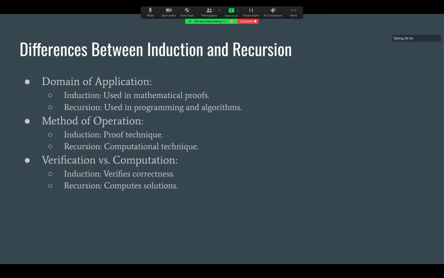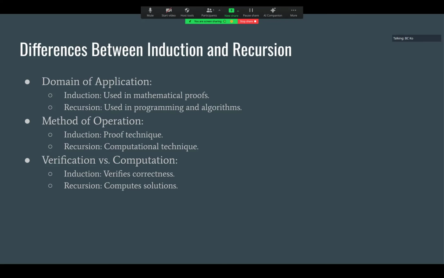Induction is primarily used in mathematical proofs to establish the truth of statements across an infinite set of natural numbers. On the other hand, recursion is mainly used in programming and algorithms to solve problems by dividing them into subproblems.